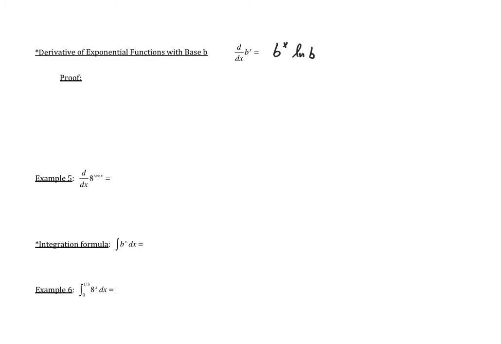So let's highlight this. This is something that we should all memorize. In addition to the derivative of the general logarithm, you want to memorize the derivative of the general exponential function. All right, let's take a look at the proof next.